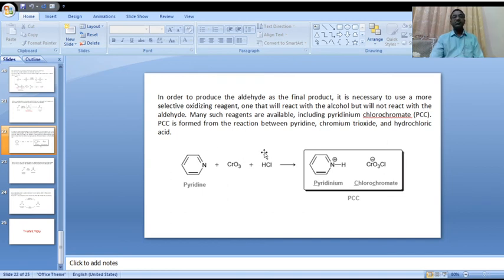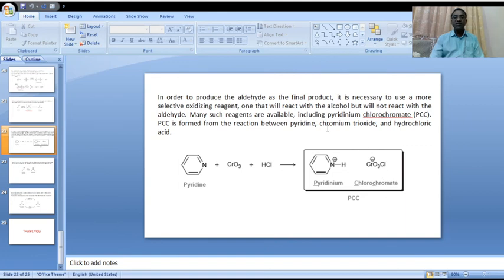PCC is formed from the reaction between pyridine, a 6-membered heterocyclic compound, hydrochloric acid and chromium trioxide. These compounds react to form PCC, pyridinium chlorochromate.